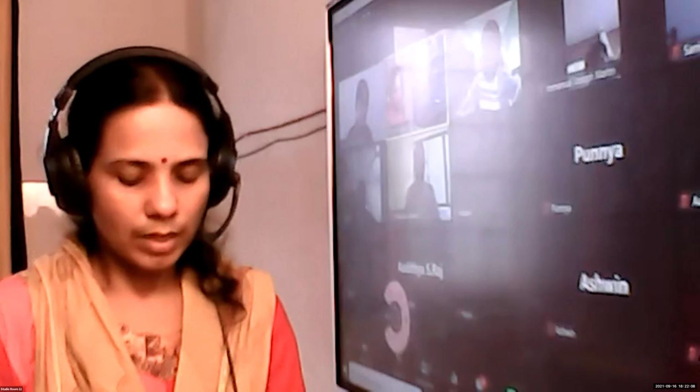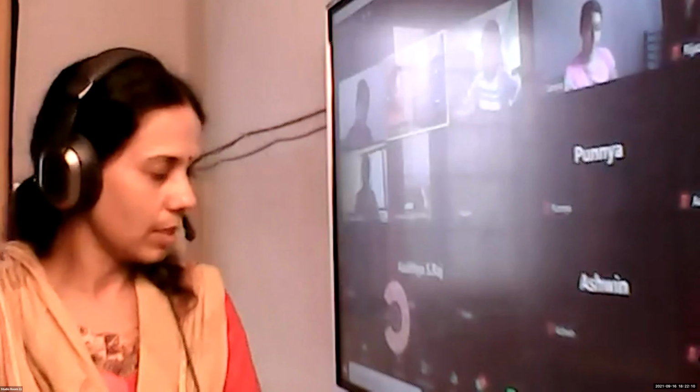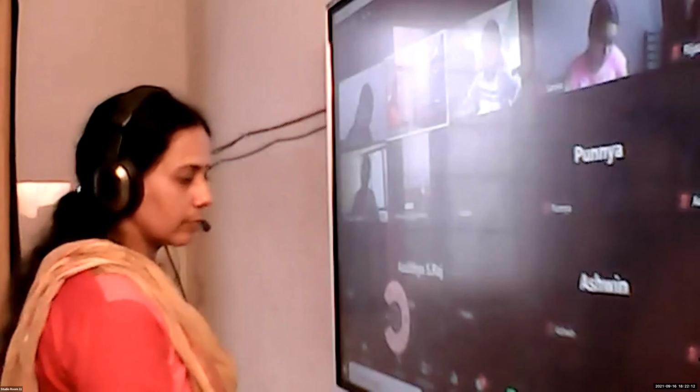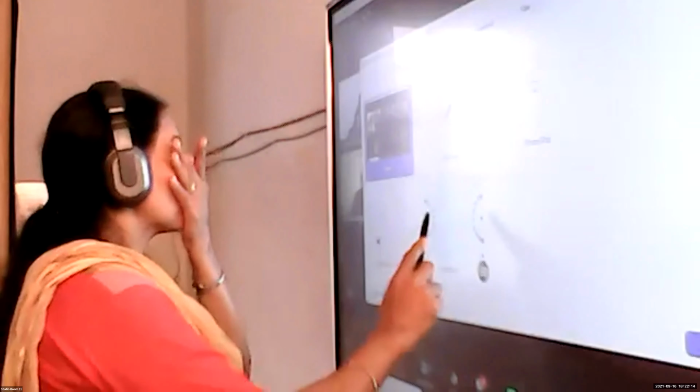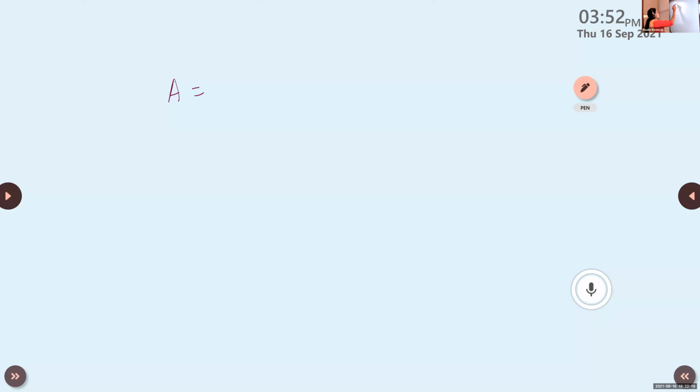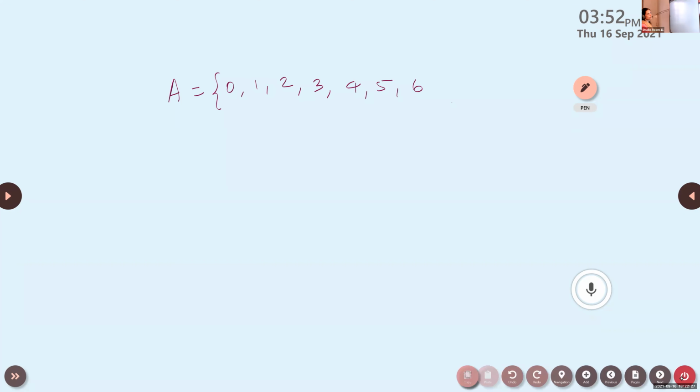Before we do the next question, write down this question. This is an extra question. A is equal to the set {0, 1, 2, 3, 4, 5, 6}.